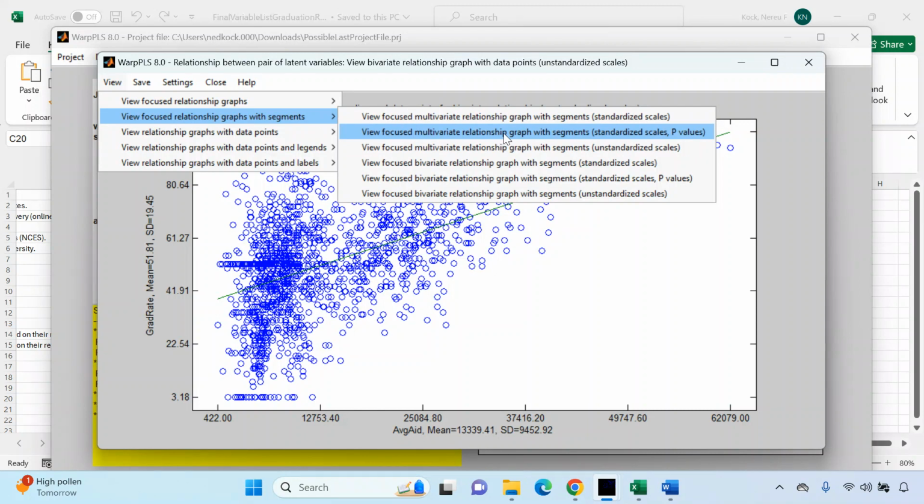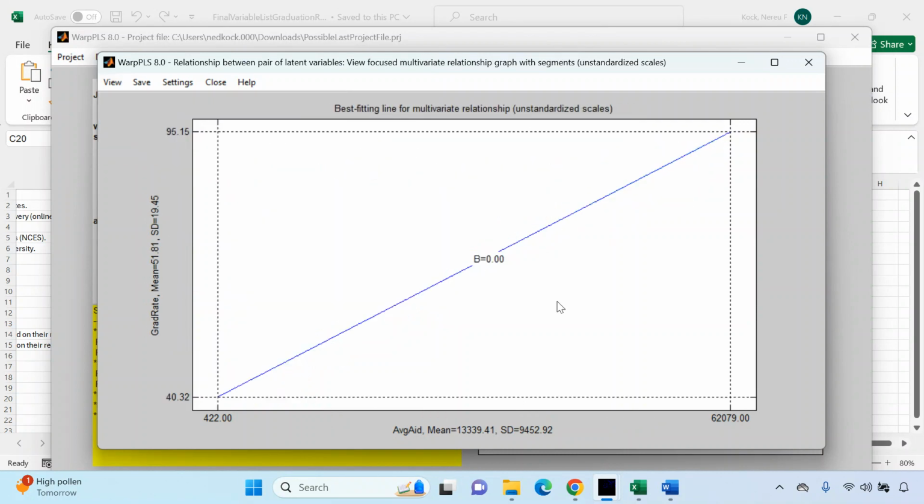If I go to this option here, unstandardized scale, focused multivariate relationship with segments, you have only one segment, and this is the unstandardized coefficient. It shows a 0 because it's the increment in graduation rates for one unit increase.